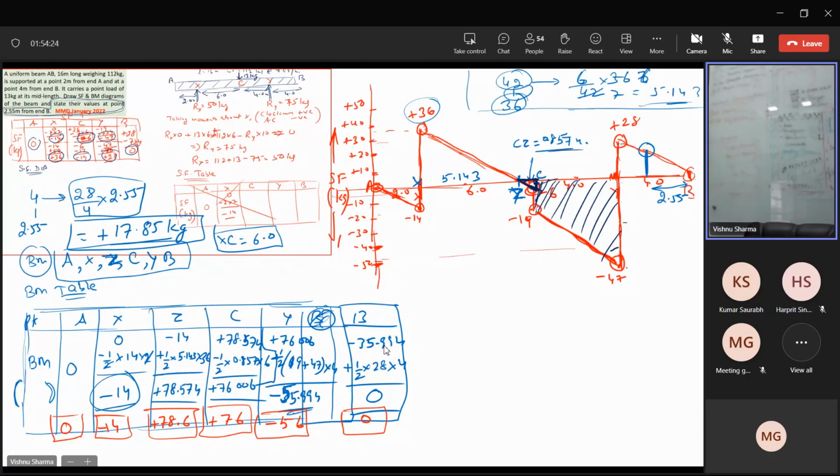So we are very close to the final step of our question, beta. And this should give you the confidence that if you know one step at a time, then you can reach the end. Those who are calculating, as soon as you finish, please let me know so that we can go on to the BM diagram.